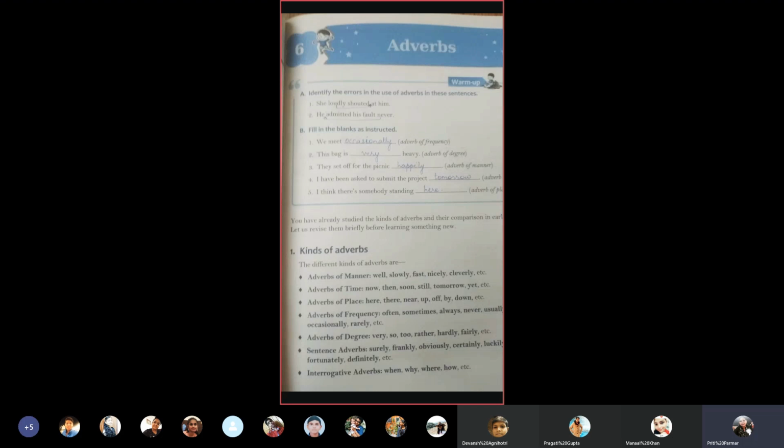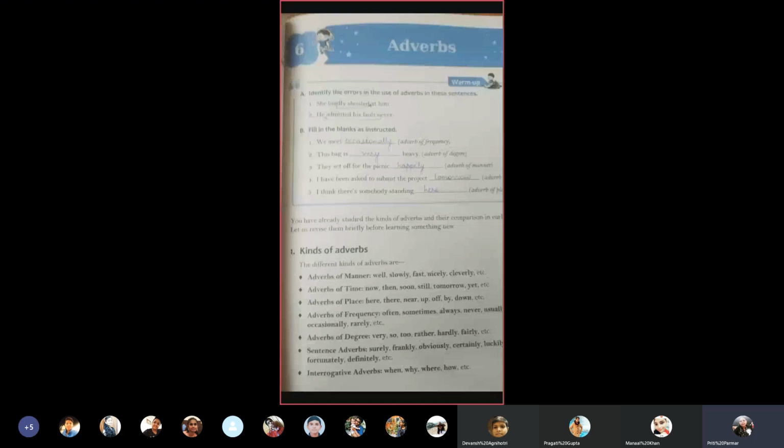Okay. So, adverbs are basically those words which add something to the meaning of a verb. They are different from adjectives because adjectives add something to the meaning of a noun. Smart girl.